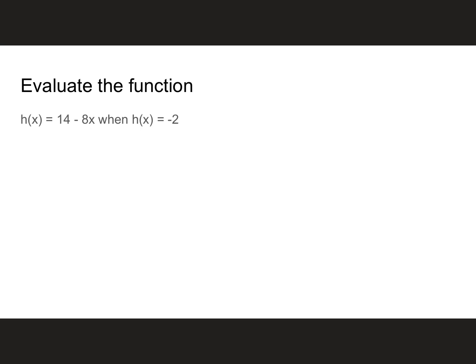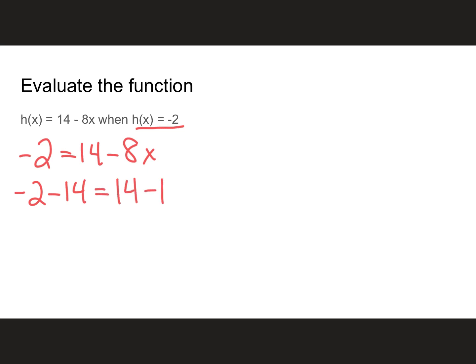Okay, let's try this last one, and then we're going to go on to look at what this looks like in real-world situations. So, here I have h of x equals negative 2. So I have negative 2 equals 14 minus 8x. So I'm going to subtract 14 from both sides. So I have negative 2 minus 14 equals 14 minus 14 minus 8x.